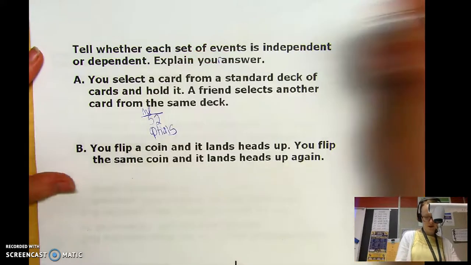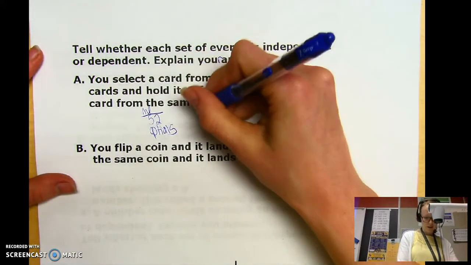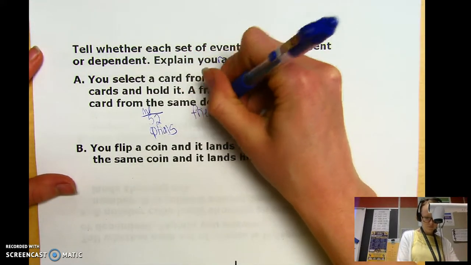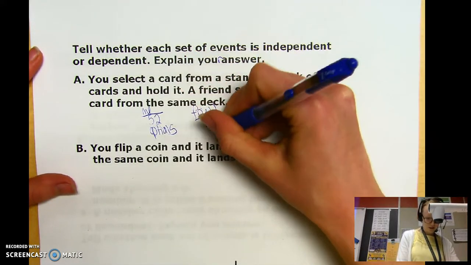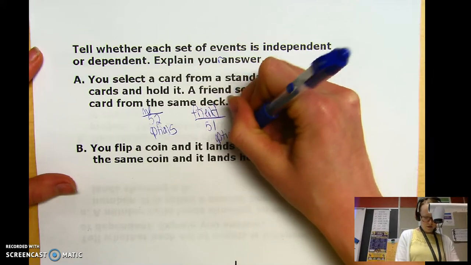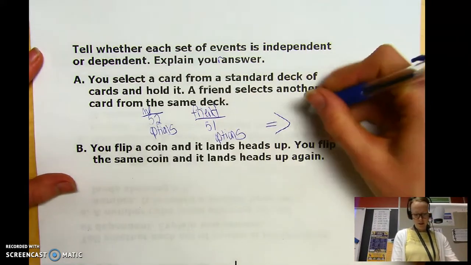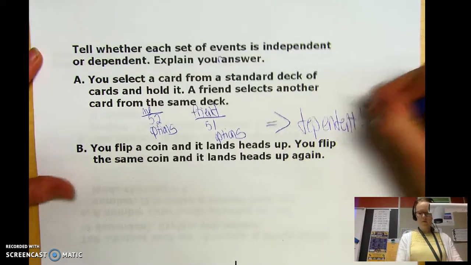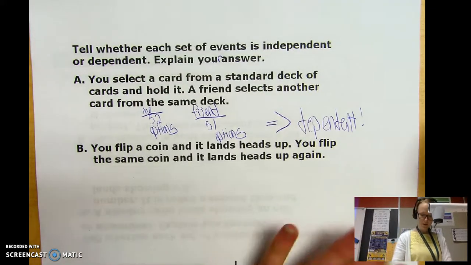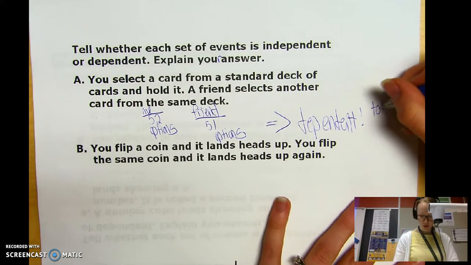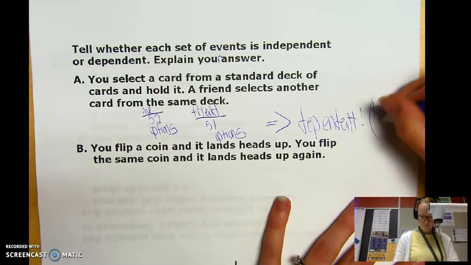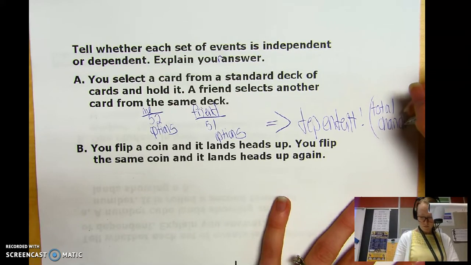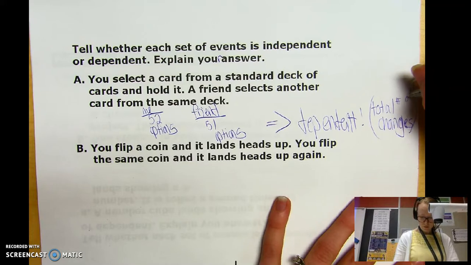To choose my first card. But if I hold on to it, then my friend only has 51 options left. So that would mean that this is dependent. So in this case, your total changes. So I guess I should say total number of options.